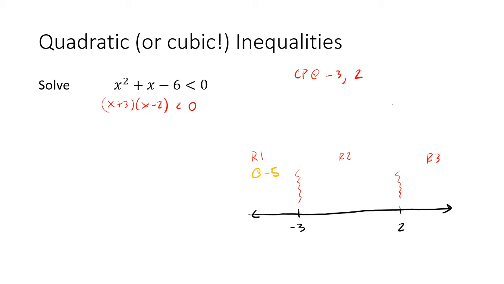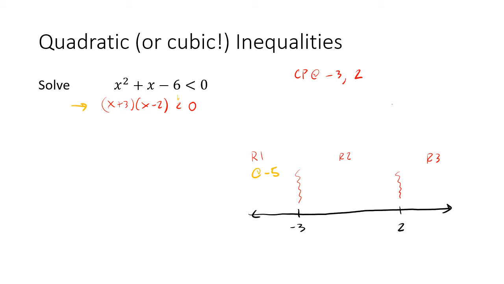You come back to the factored form of your equation, and we're going to plug -5 in for x and see if our inequality is true or false. What's great about setting this equal to 0 is you don't even have to plug the number back in. You just have to know how positive and negative numbers multiply together.